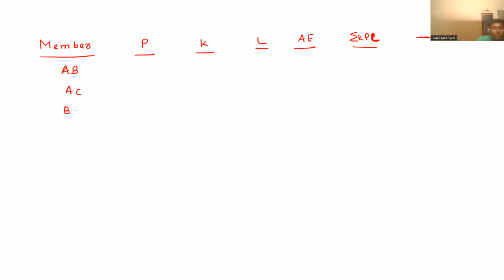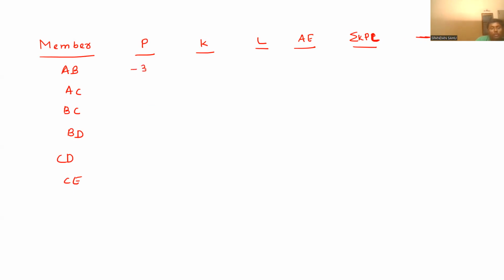Now the same thing we can write in tabular form, that is member, P force system, K force system, length, AE, that is axial rigidity, summation of K into PL, and we don't have any temperature, so I am not writing. Temperature and lack of heat are not there in this case. So let us write AB, AC, BC, BD, CD, and CE.